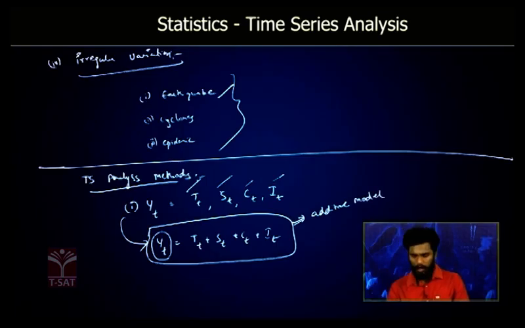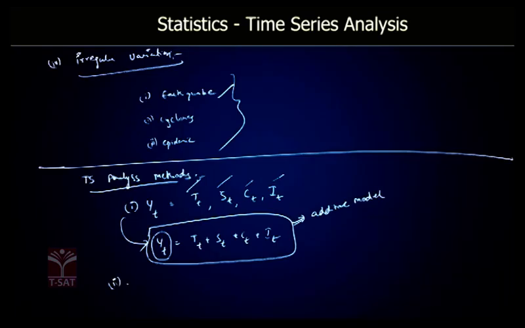Now there is a second model where each and every effect will be acting proportionally on the YT value. At that time we write YT is equal to T into S into C into I. That is, each and every variation is affecting proportionally on the YT value.